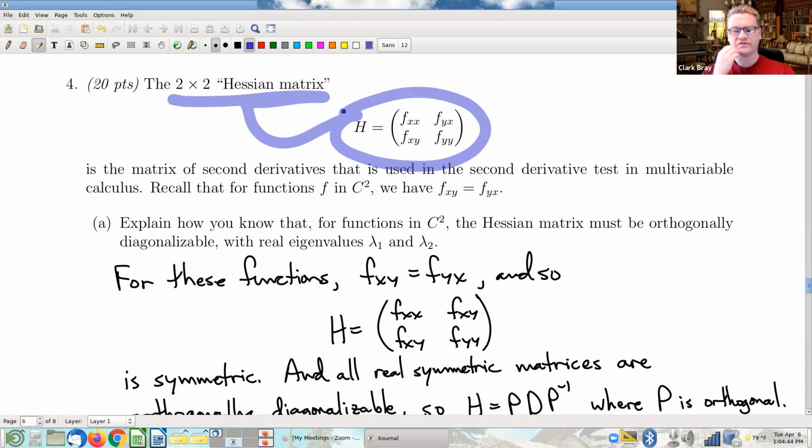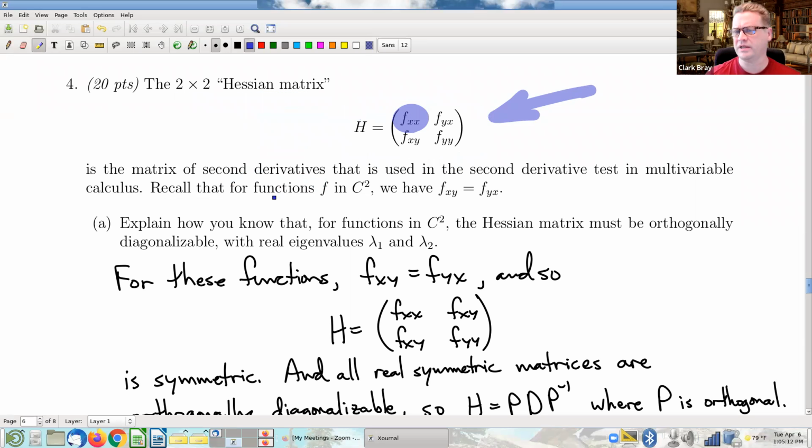And you may recall this from Math 212, from multivariable. We were doing optimization. We were never given any justification of why, but this matrix is part of the second derivative test, right? So specifically, if its determinant is positive, then you either have a local max or a local min, depending on whether this one element here is negative or positive, respectively.